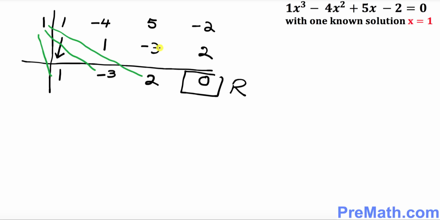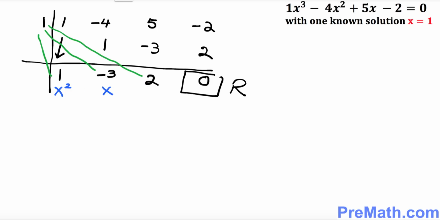Now, what do we get next? We now have these numbers 1, -3, and 2. The first one goes with the x squared, this goes with x, and this is without x, which is called the constant.